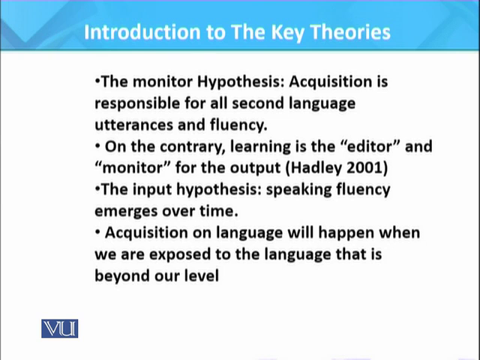There are no clear definitions for some of the terms used by Krashen, such as comprehensible input, monitoring and editing, and the acquisition versus learning distinction. Krashen does not explain how effective monitoring or editing is and does not take individual differences into account.